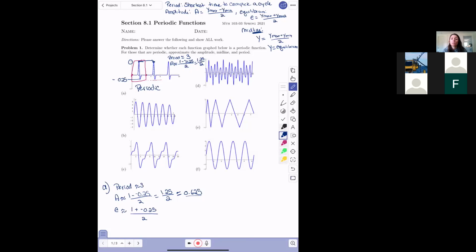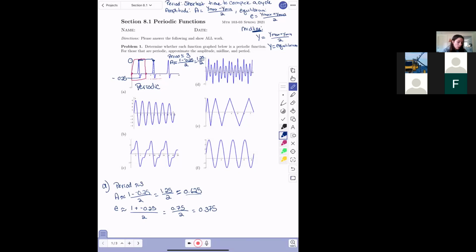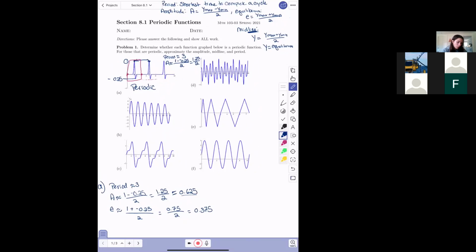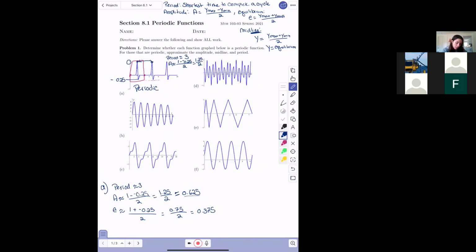The Y max plus the Y min divided by 2, which is equal to 0.75 divided by 2, which is equal to 0.375. Now our question doesn't ask us to find the equilibrium, but the equilibrium is helpful when we're trying to find the midline. So the midline is Y equals the equilibrium, which is 0.375.